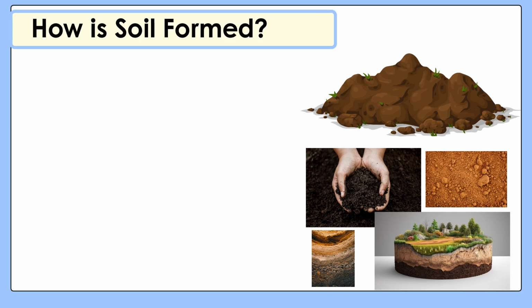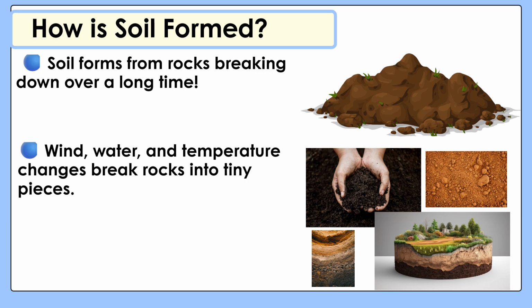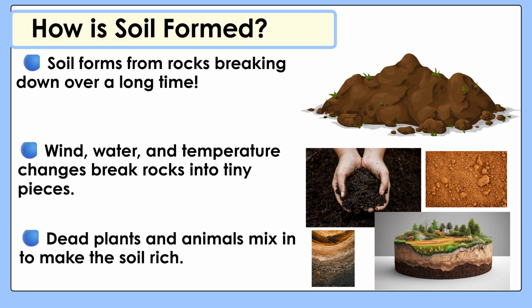How is soil formed? Soil forms from rocks breaking down over a long time. Wind, water, and temperature changes break rocks into tiny pieces. Dead plants and animals mix in to make the soil rich.